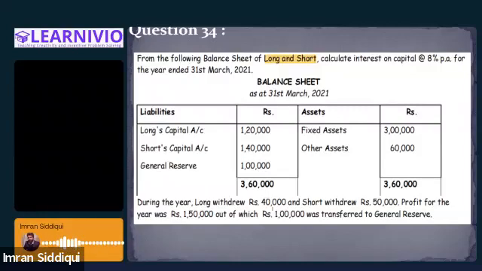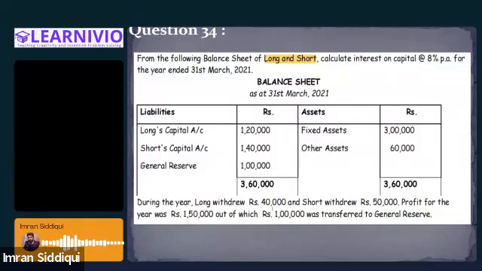Profit for the year was 1,50,000, out of which rupees 1 lakh was transferred to general reserve. So the 1 lakh that you are able to see in the balance sheet on the liability side by the name of general reserve is created out of profit.